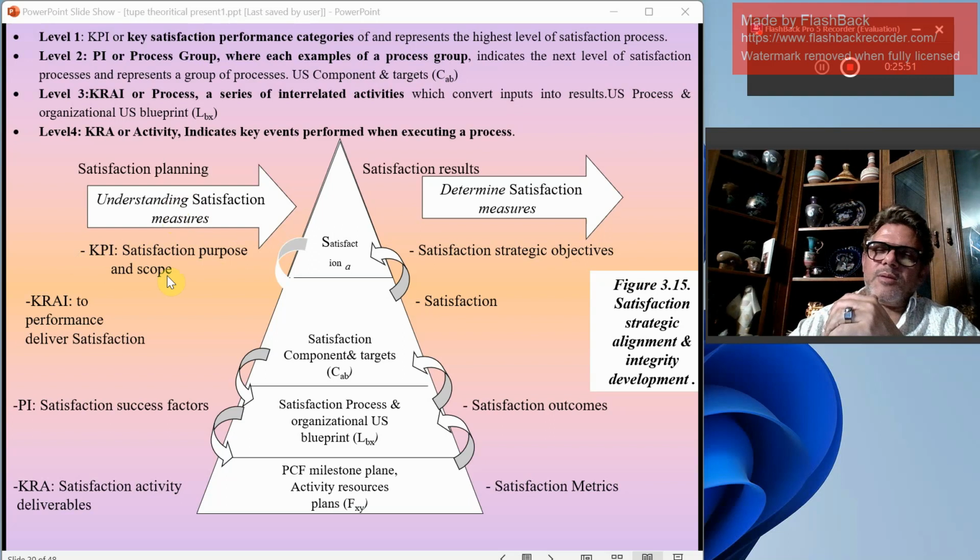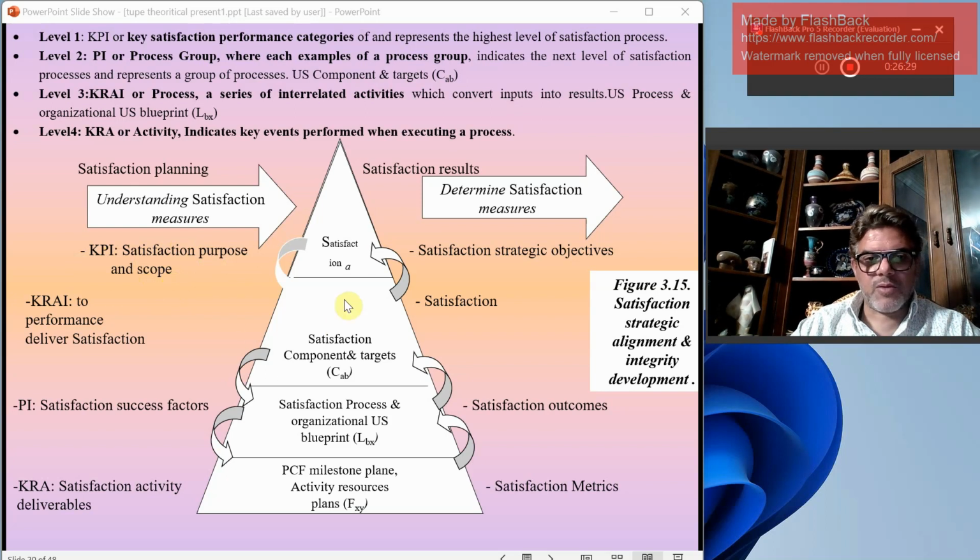It should be features, quality, cost, and availability. But I changed it. I put the availability before the cost because availability itself has a cost. So I took the cost as the final satisfaction measures. Okay, so the key performance indicator will be presented as the satisfaction, purpose, and scope.